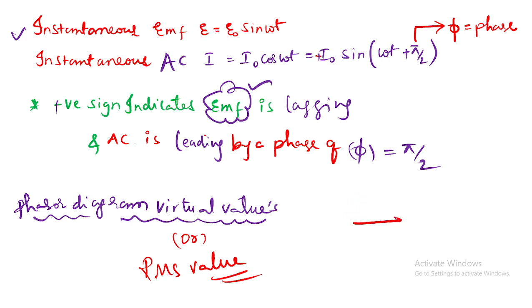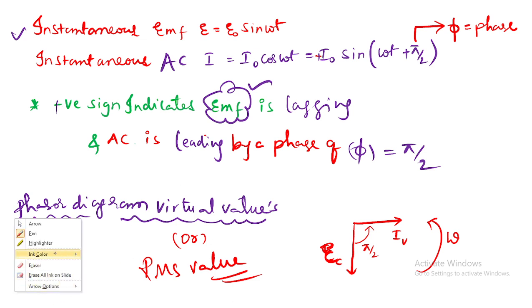So current I, EMF E will be lagging, okay? Rotating in anti-clockwise. Am I correct? So the phasor diagram with the virtual value is also very important.